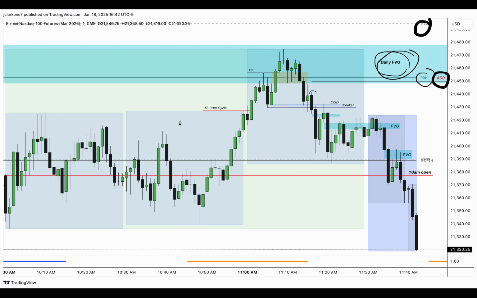You get the pattern. You're above a 30-minute cycle high. I mean, you're above 10 a.m. open. You're above 11 a.m. open. You know, like, this is as good as it gets. And it just absolutely, yeah. I mean, that's a great trade there.